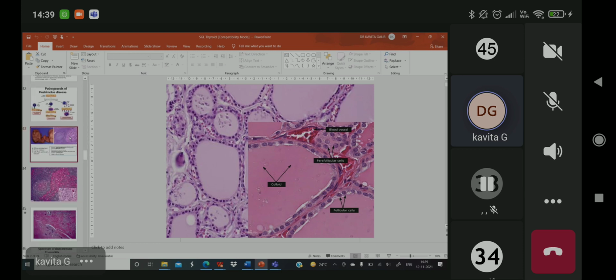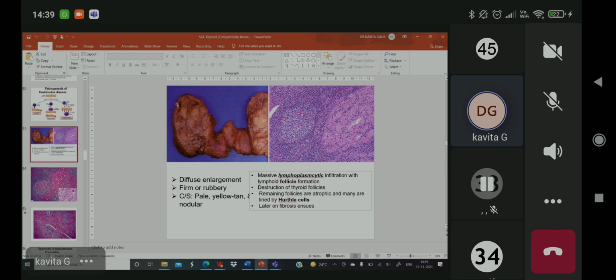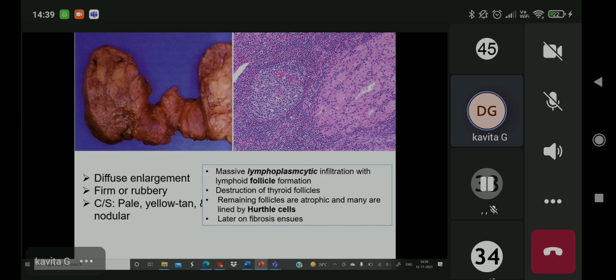Now let's come down to where we were. Look at this. Over here, you have lymphoid follicles that have come out of nowhere, as if this was a lymph node. Secondly, the cuboidal cells have been replaced by plumper cells. Let's go on higher power over here. These are very plump looking cells. They're not cuboidal cells.